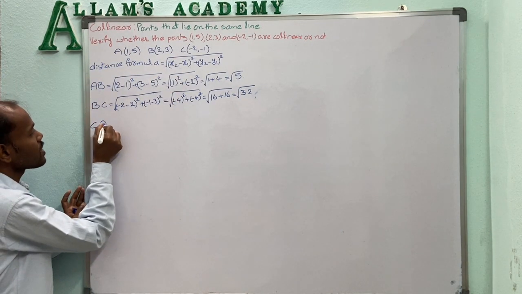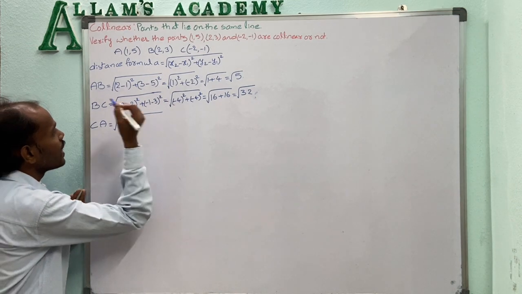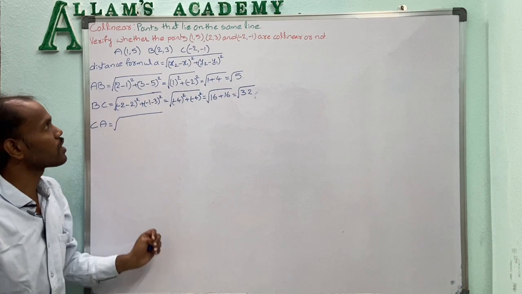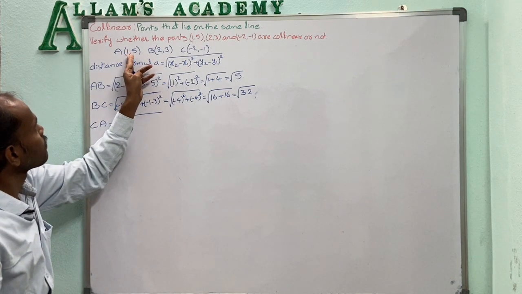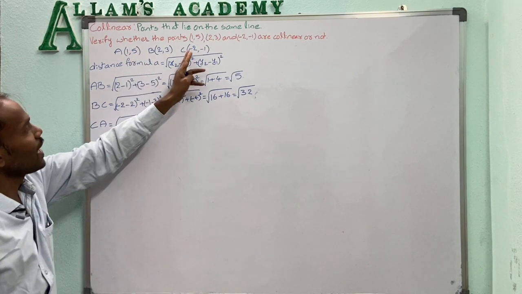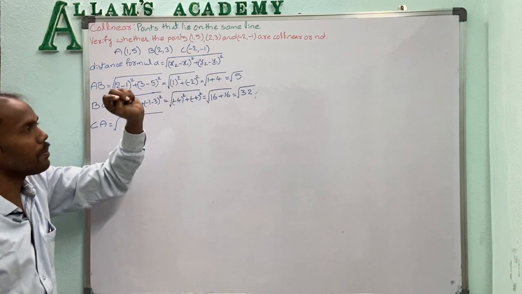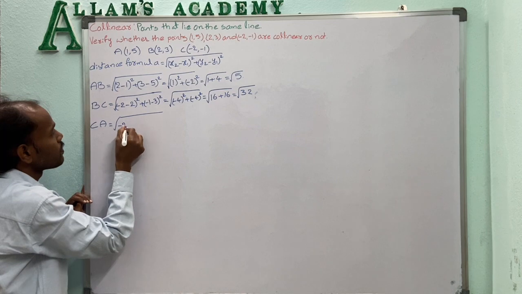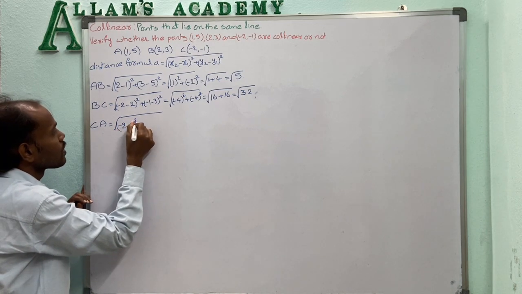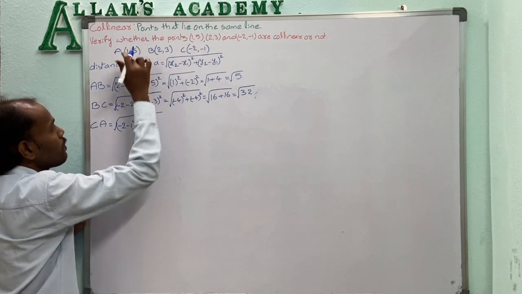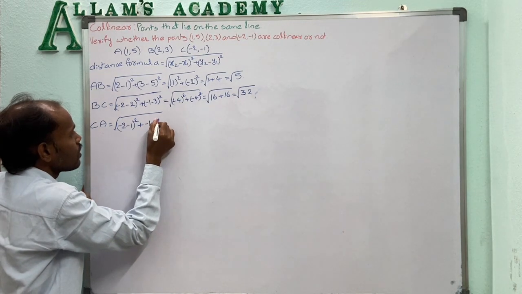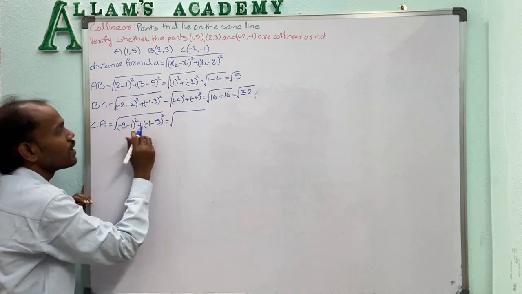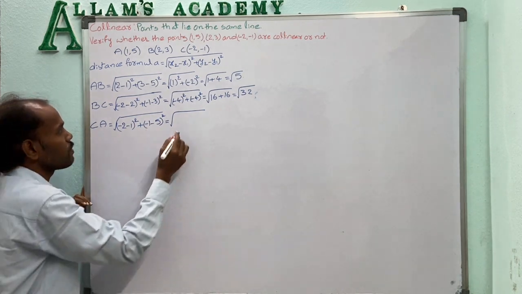Now find the distance between the points C and A. The distance CA is under root x2 minus x1 whole square plus y2 minus y1 whole square. Here x1, y1 are 1, 5 and x2, y2 are -2, -1. That means -2 minus 1 whole square plus -1 minus 5 whole square. -2 minus 1 is equal to -3, -1 minus 5 is -6.